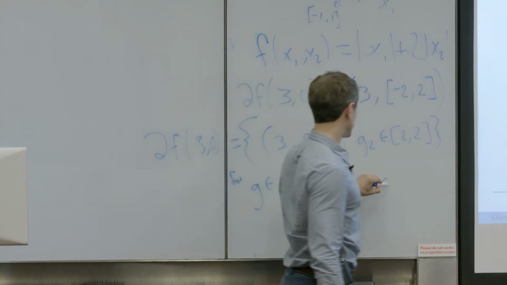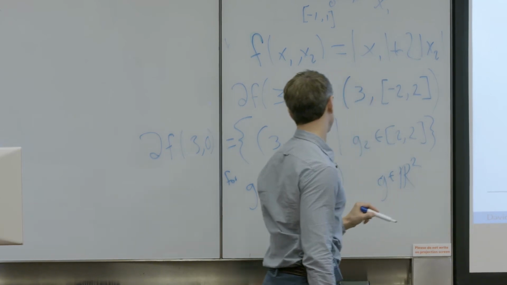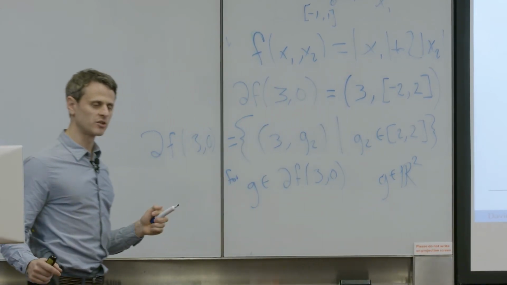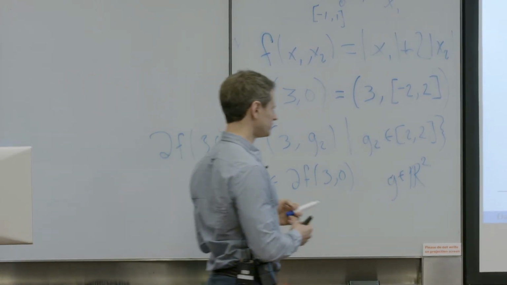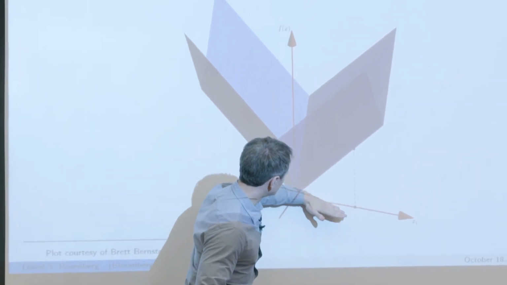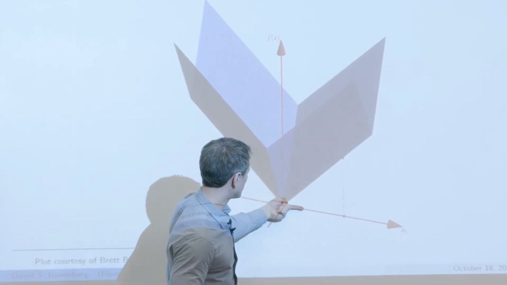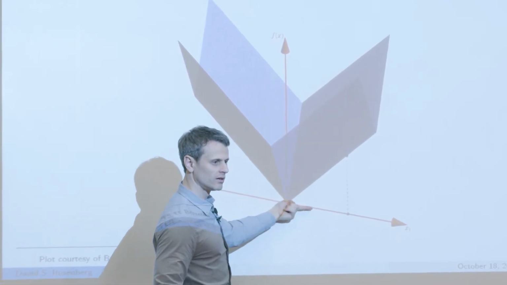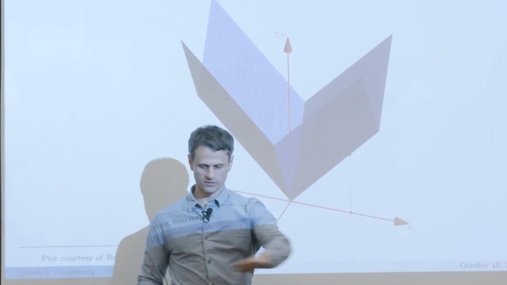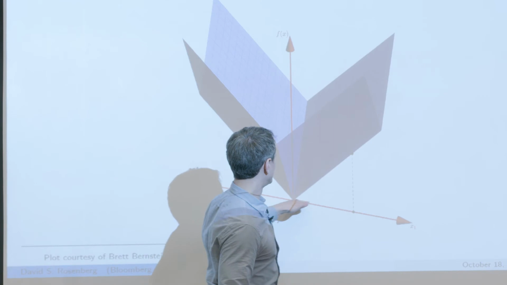It's in R2, right? The gradients and subgradients are in the input domain of the function. So this is the graph of the function. The domain is these axes, x1 and x2. So a subgradient will point somewhere, in a direction of the input space.